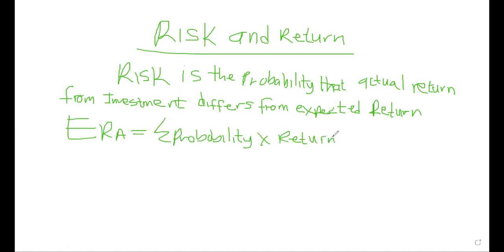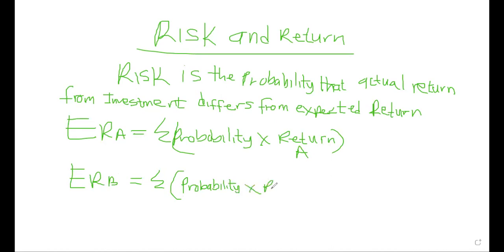So this is the expected return of a stock. Similarly, probability multiplied by the return of A, and then the expected return of B is equal to the summation of probability by the return of B.